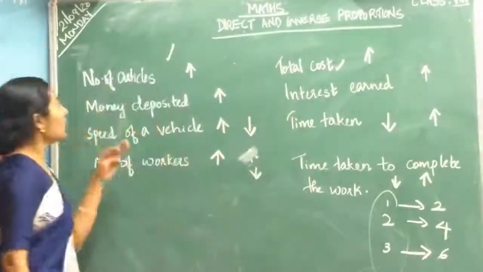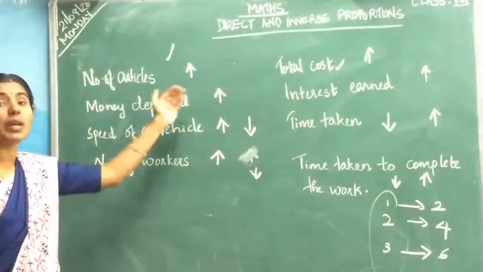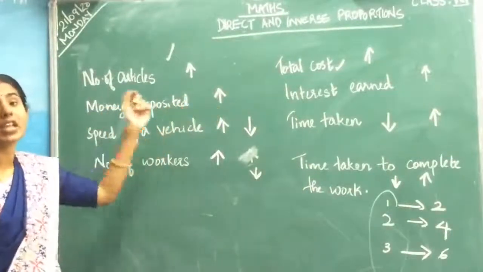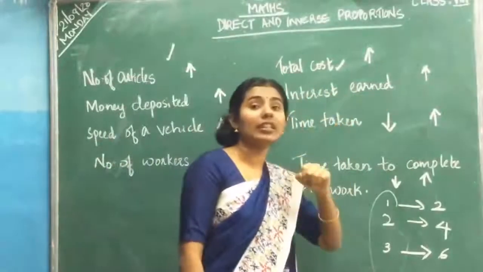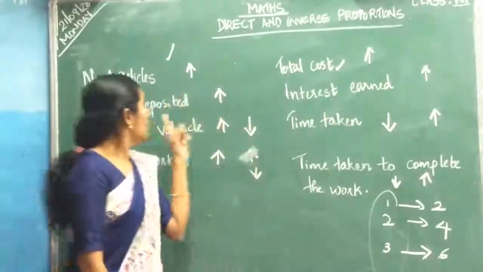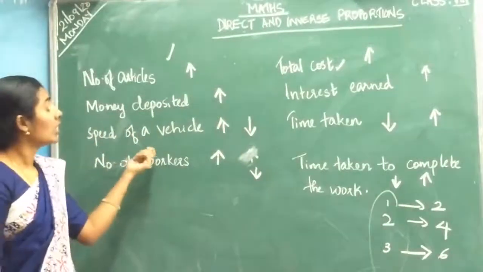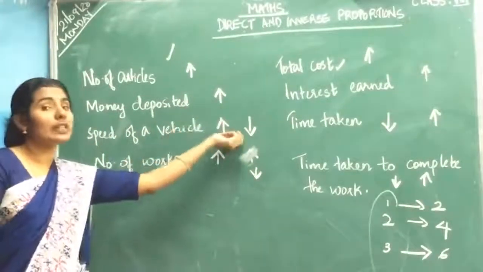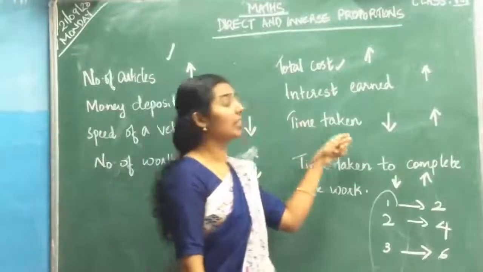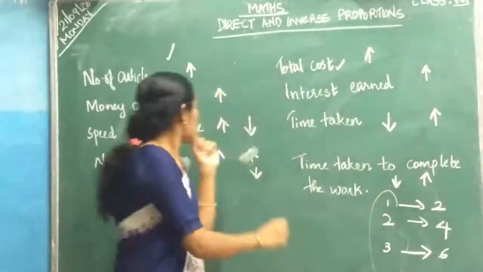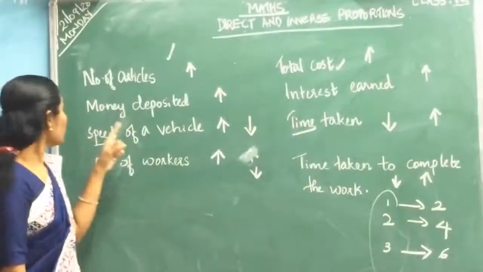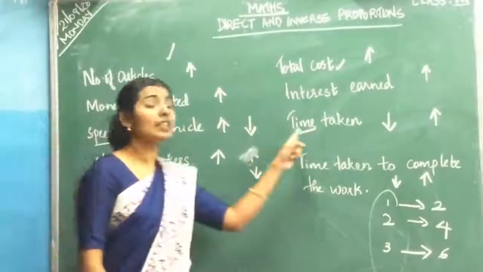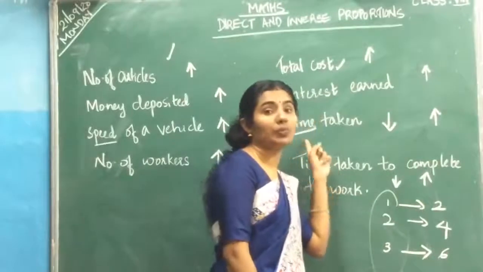Now we see this one. If you are increasing the money deposited in a bank, that is affecting the interest earned in the bank. Now we see another example. If you are increasing the speed of a vehicle, the time taken is decreasing. So speed is one quantity, another quantity is time taken. If you are varying speed, that is varying time also.